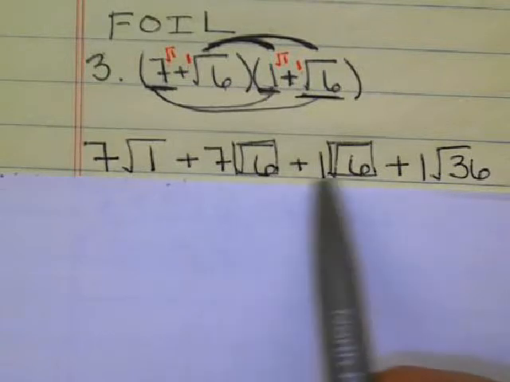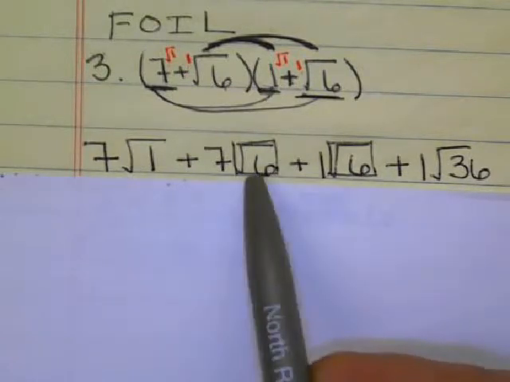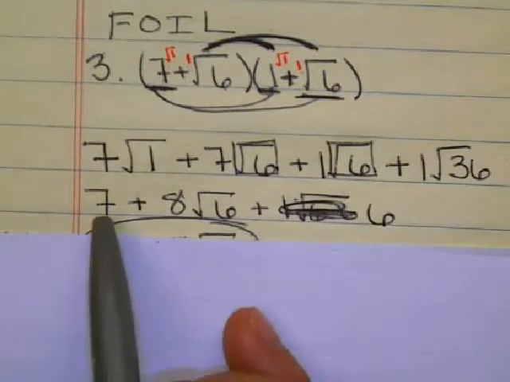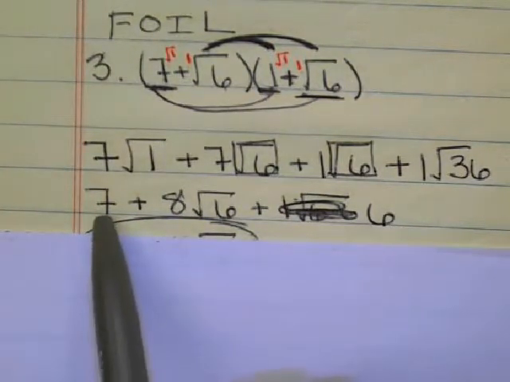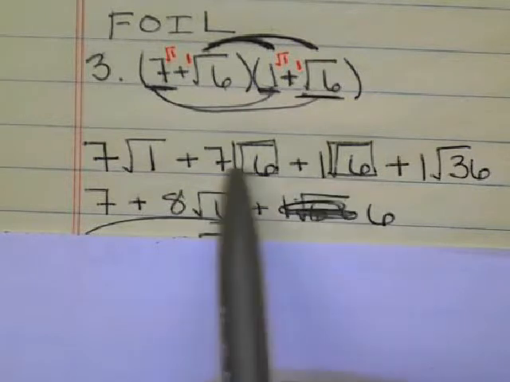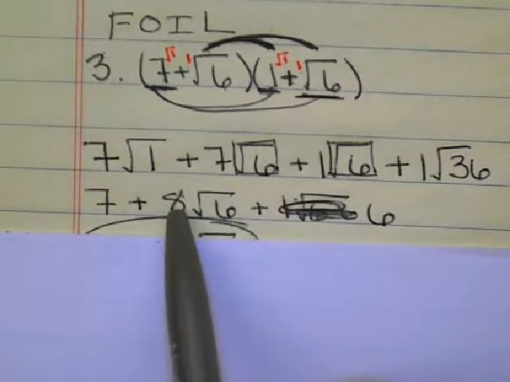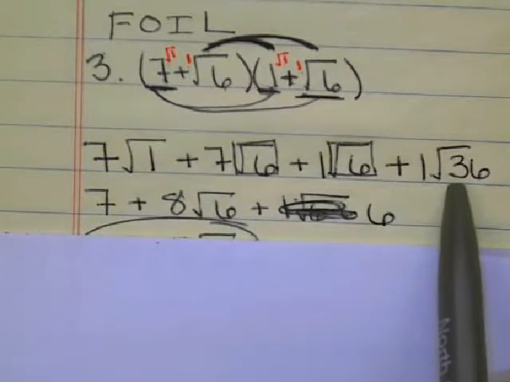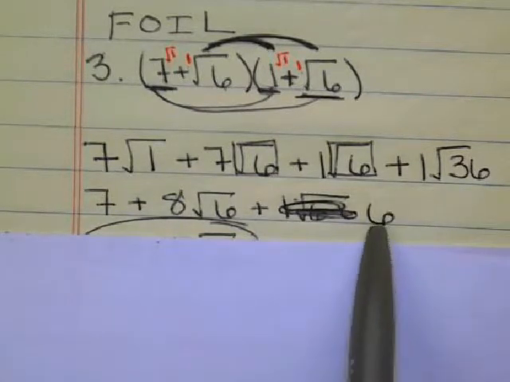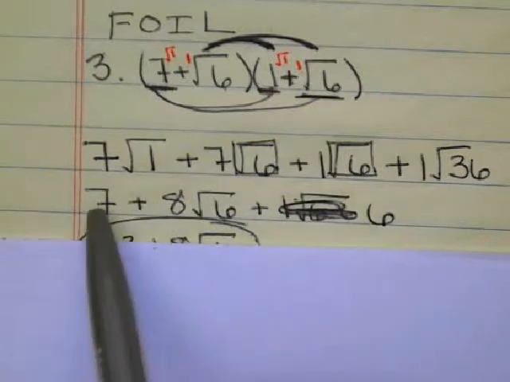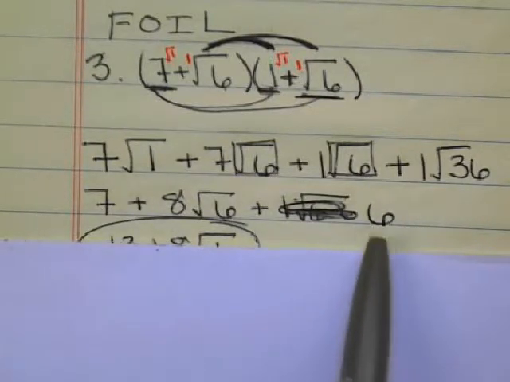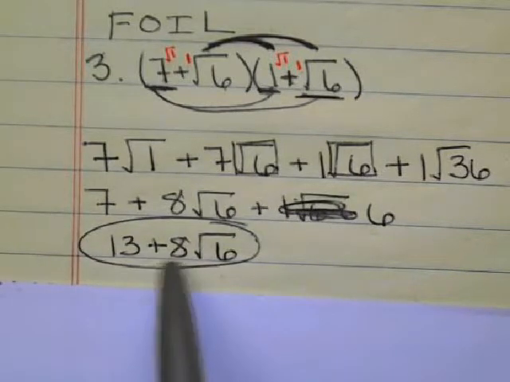Now I've boxed the radical 6's here because those are like terms, so I can combine those. When I combine them, I'm left with just the 7 over here, and then these radical 6's combine to give me 8 radical 6's, and then radical 36, that's just the square root of 36, which is 6. And then I see I have 7 and 6, those are both constants, so that gives me 13 plus 8 radical 6.